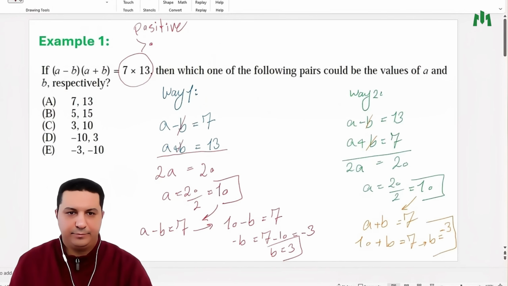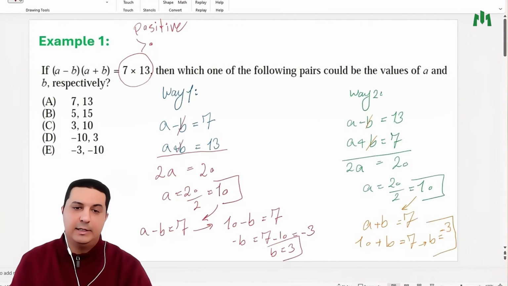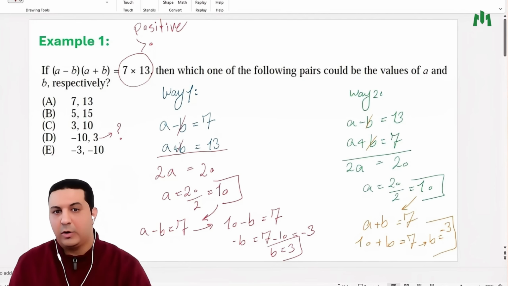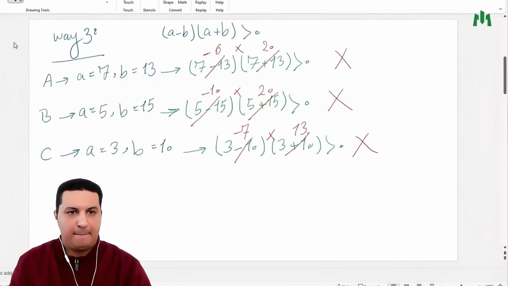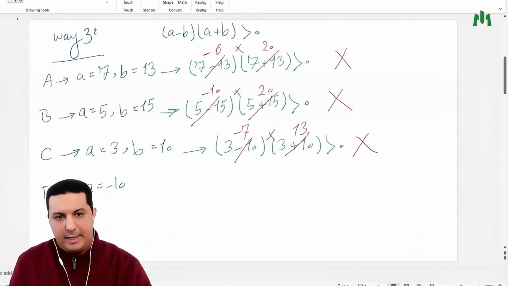Look at D. Based on way one and way two, we could recognize that D can be the answer, maybe, but we are going to check that. D is minus 10 and 3. A is minus 10 and B is 3, I think.